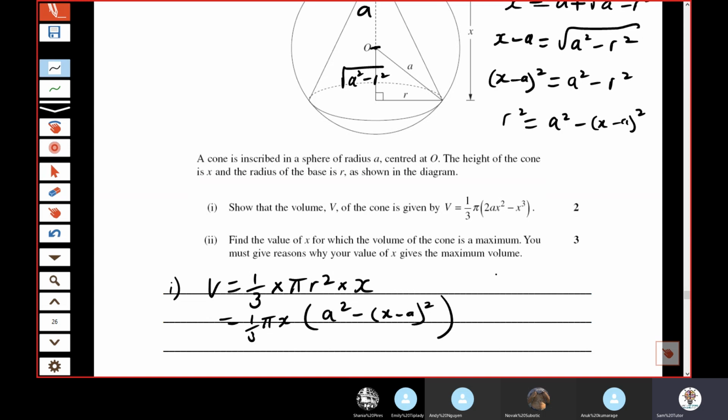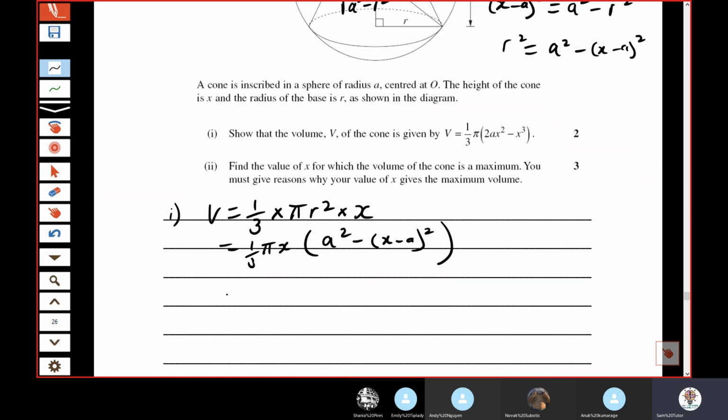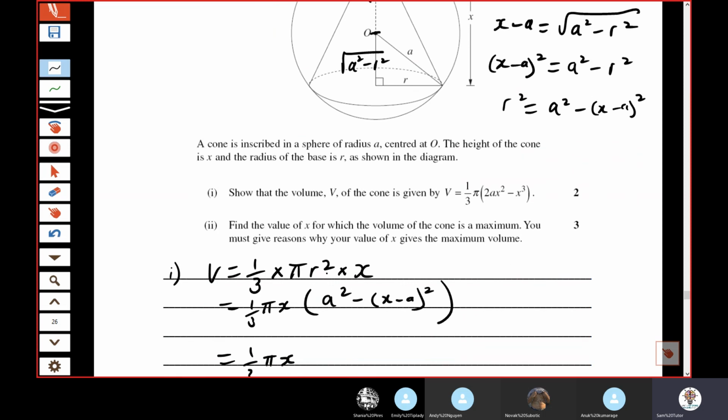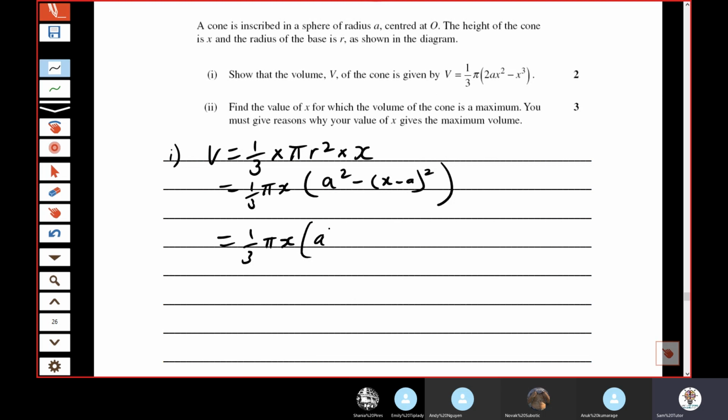Do we agree? All right, now I think you guys know the rest. See, that wasn't easy. If you didn't know to just start the way I started, to find a relationship for x, you would have never been able to get that out. That's why I started with that first. Then a squared minus x squared minus 2, so that becomes plus 2a x, minus a squared.